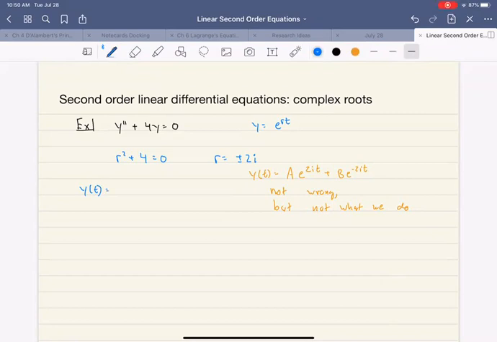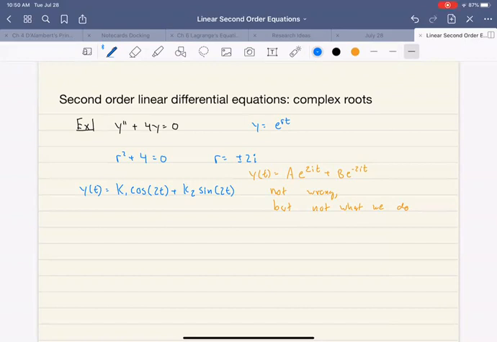So this is going to be, let's call it k1 cosine of 2t plus k2 sine of 2t. Yes, these constants could have some imaginary thing in them, but we don't really worry about that. We sort of sweep it under the rug, and that's just what we work with as the general solution here.